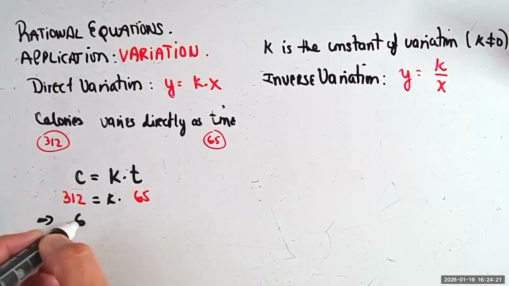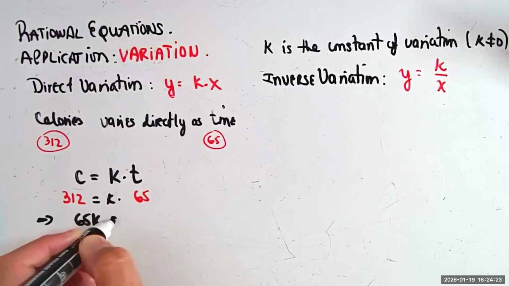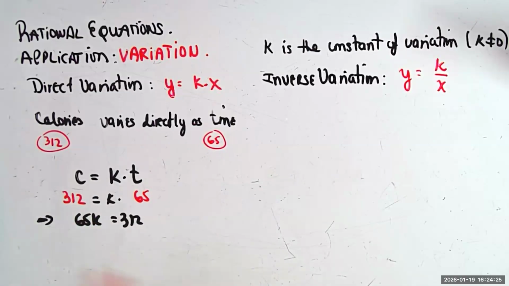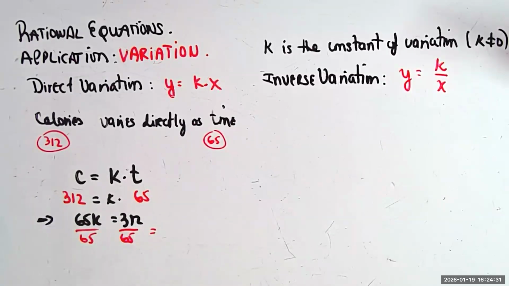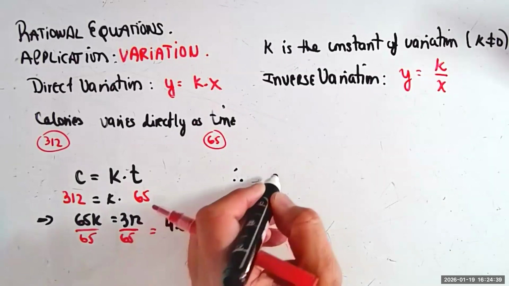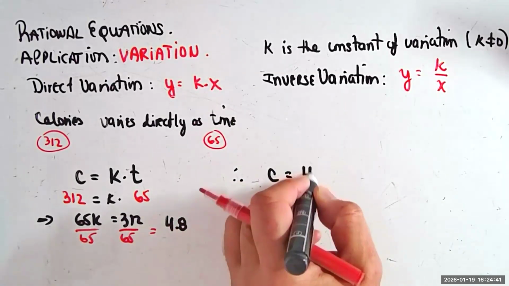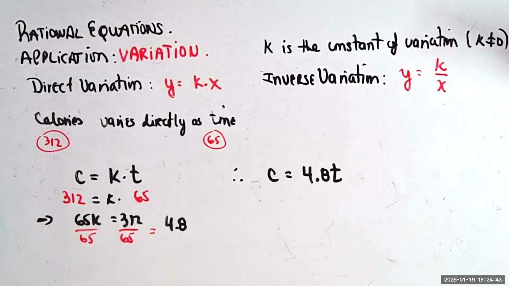Therefore, 65k equals 312, so k equals 312 divided by 65. I did it on the side here, it's about 4.8. Therefore, my equation is C equals 4.8T.